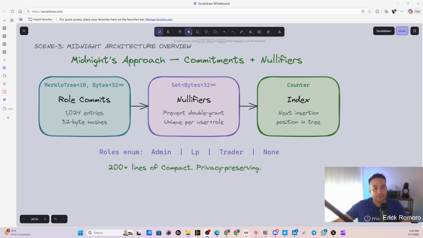On Midnight, on the other hand, role storage is a commitment scheme. You ask, can I prove this address has this role? And you provide a cryptographic proof that that commitment exists in the tree without revealing what the commitment contains. Same question, fundamentally different trust model.